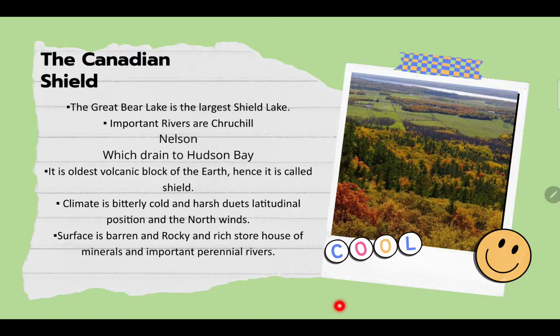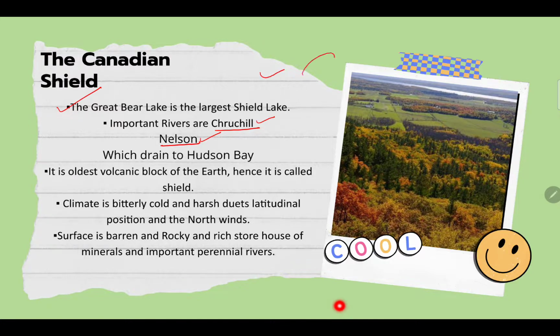The Great Bear Lake is the largest shield lake, and the important rivers are the Churchill and Nelson, which drain into Hudson Bay.